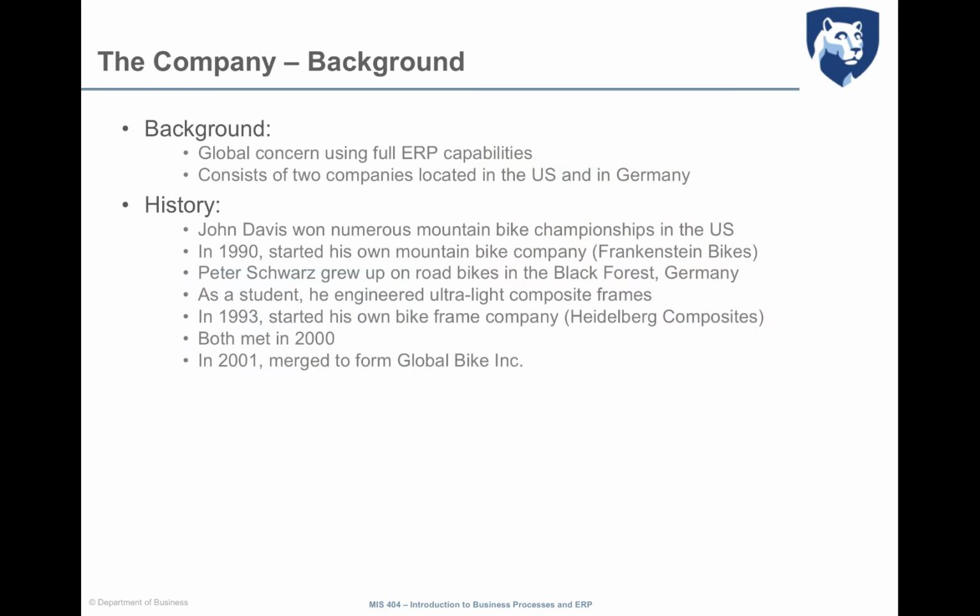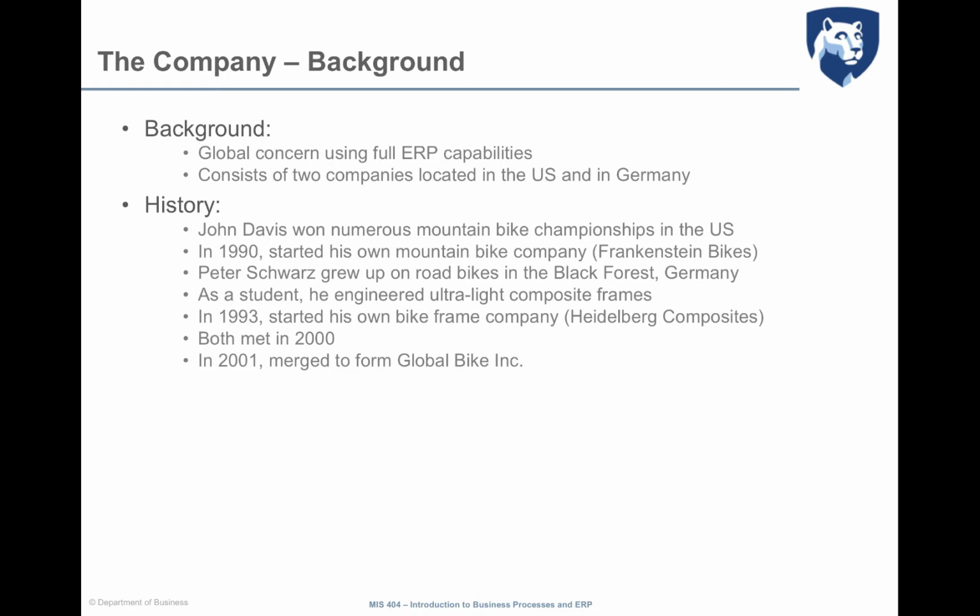Today, let's say GBI is formed essentially by two sub-companies, one located in the United States and one located in Germany. And why did we arrive at this configuration? Because at the beginning was John Davis, the first founder, a mountain bike champion, who decided to start in 1990 his own mountain bike company named Frankenstein Bikes.